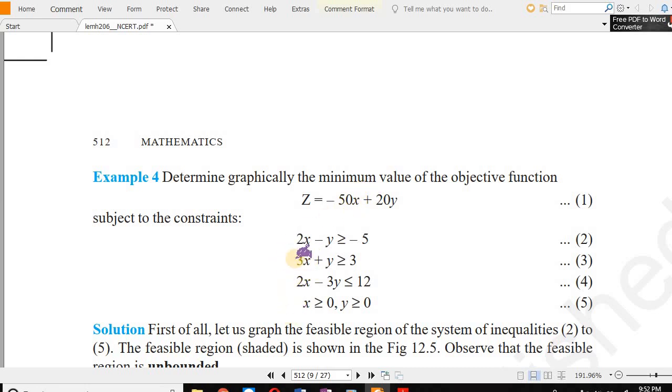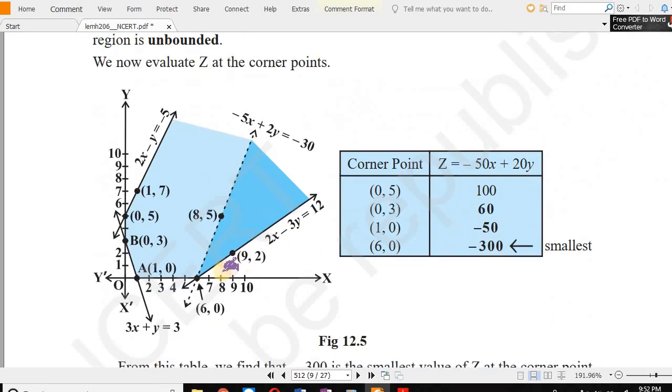And if we graph these constraints, it turns out that the feasible region is this blue area, which is unbounded. Now we have corner points, 1, 2, 3, 4 corner points, but we can't tell whether one of those corner points is the optimal value because the region is unbounded.